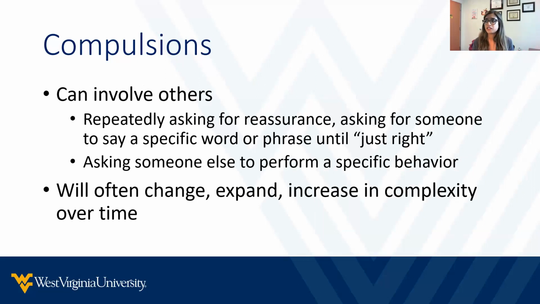It can also be this idea of needing to do something alone or with someone else until it just feels right, or asking someone else to perform a specific behavior so that they feel safe and okay.